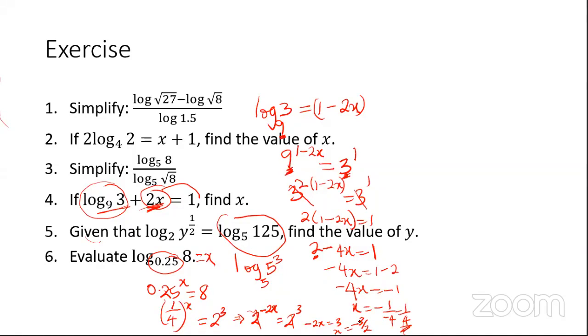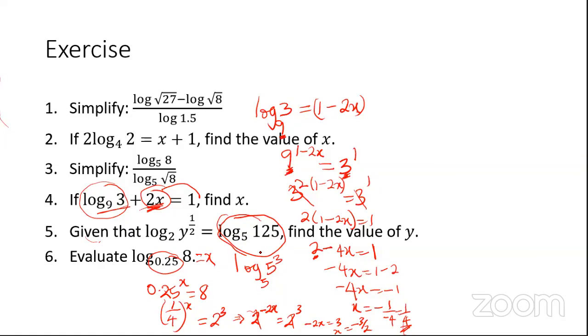So, what of number 5? I think I've explained number 5. What you just need in number 5 is this particular one. I said you can reduce it. It's the same as logarithm of 5 raised to power 3 to base 5. 125 is 5 times 5 times 5, meaning 5 raised to power 3, base 5.